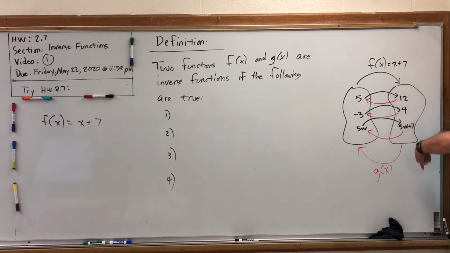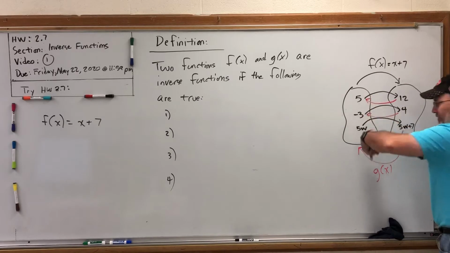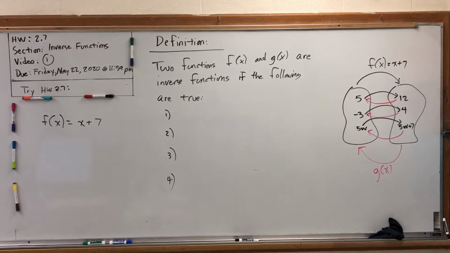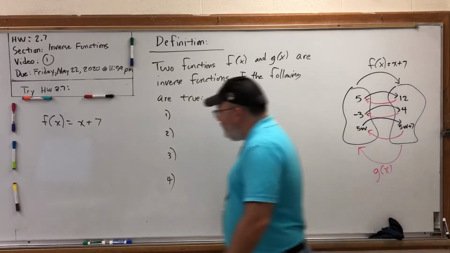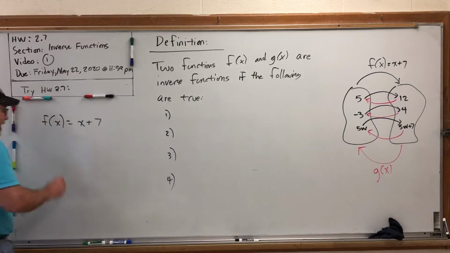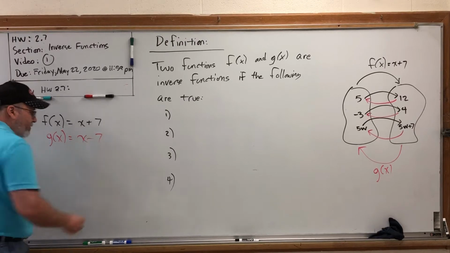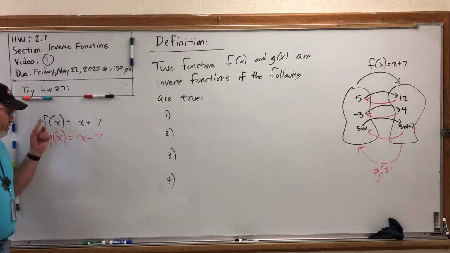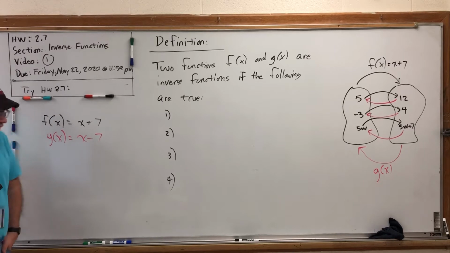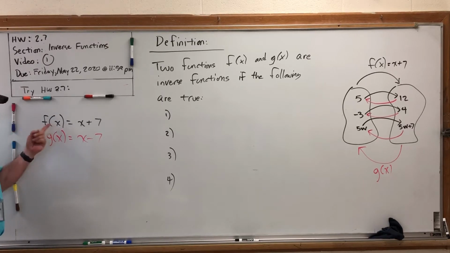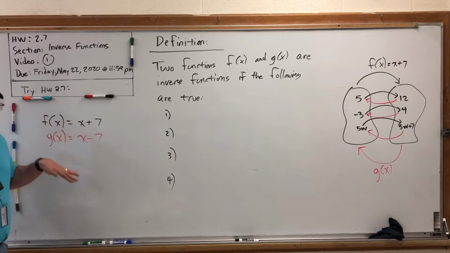Well, what can I do to these 3 expressions to turn them into these 3 expressions? Hint: from left to right, I added 7. You're probably thinking subtract 7, and you would be correct. So a function g of x equals x minus 7 should be the inverse of f of x equals x plus 7, because whatever the f does to something, the g will undo it.